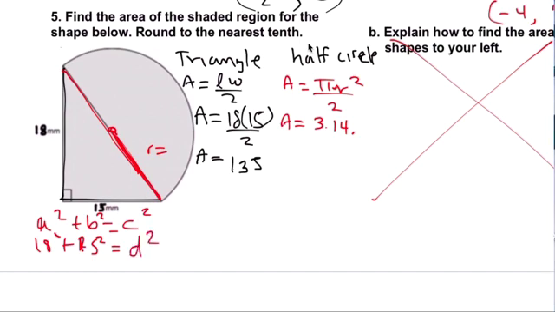And 18 times 18 is 324 plus 225 equals d squared. Add that together. You get 549.